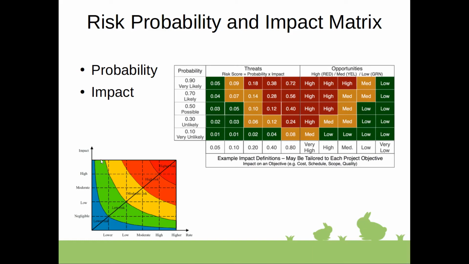However, you also draw heat maps in terms of desired values of these impact probability combinations. So generally you specify it just for threats and just for opportunities separately.